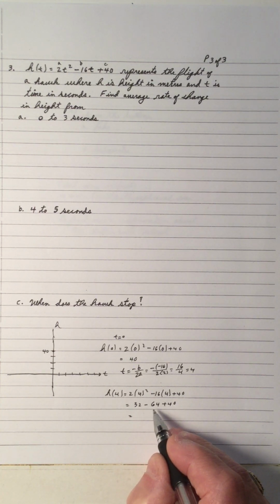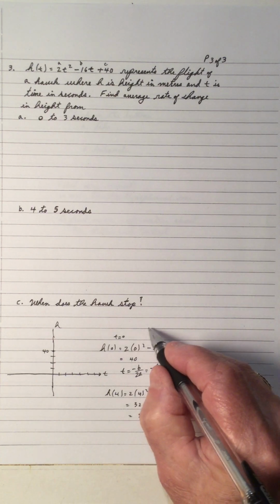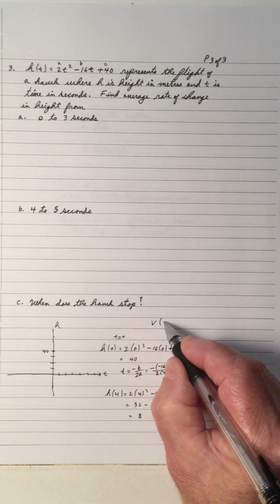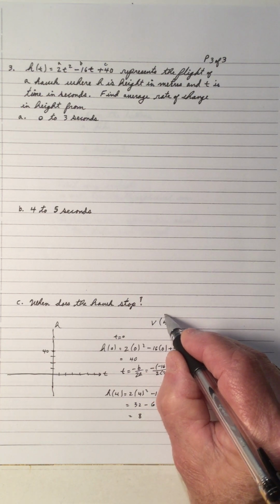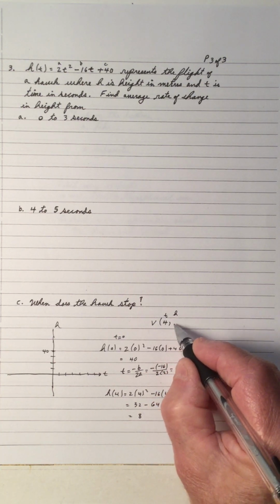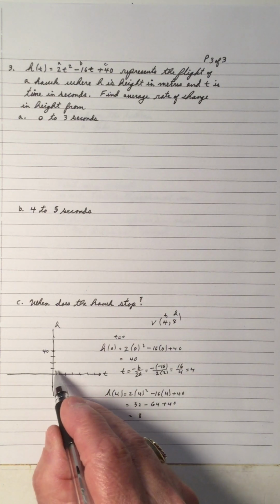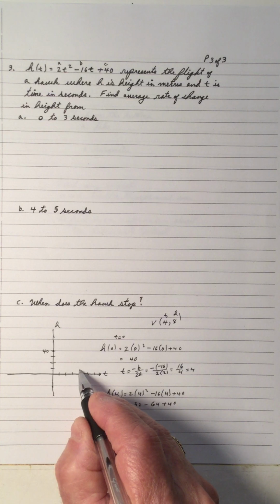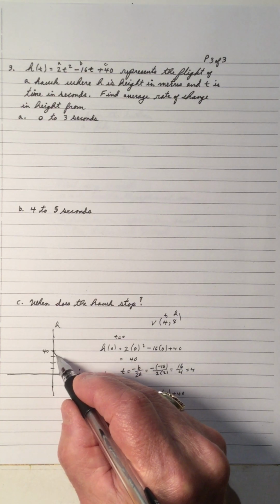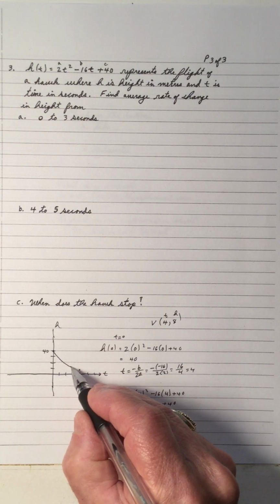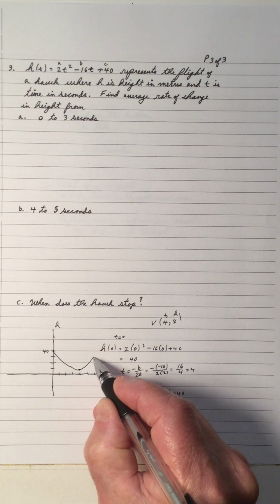That's negative 32, so that ends up being 8. So the vertex of this parabola is at t equals 4, the time, and the height is 8. So at 4 seconds, right here, we'll estimate it. The hawk flies down to the lowest point, and then it goes back up again.